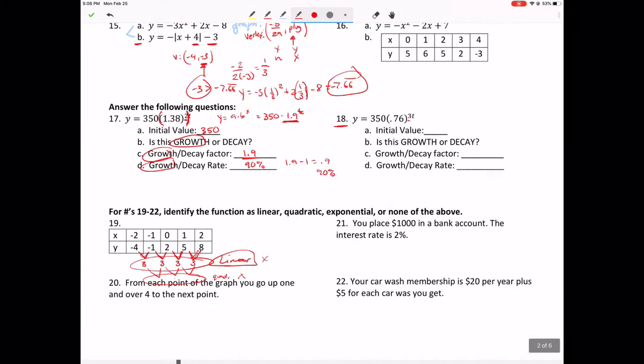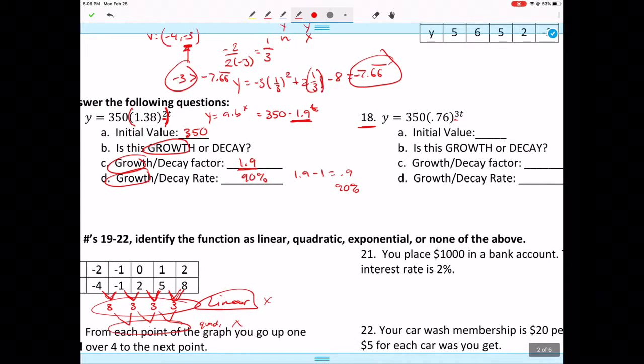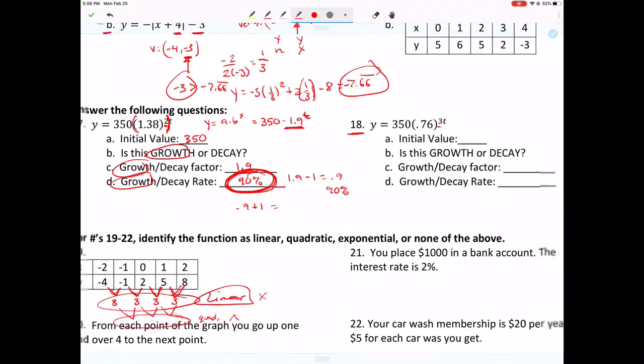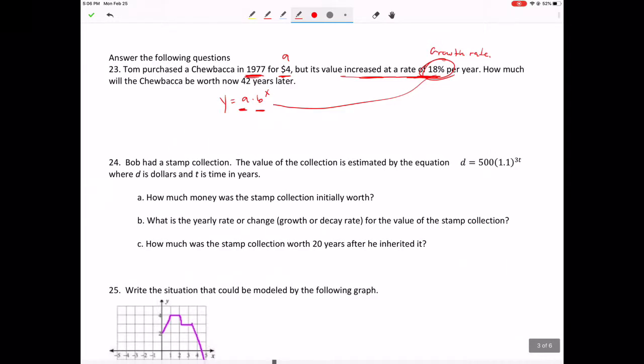If we look at our equation here, our growth rate here is 90%, so we'd want to do the opposite of what we did before. So we'd do 0.9 plus 1 to give us our growth factor. So same thing here, you would do 0.18, which is 18%, and we'd want to add it to 1. It would give us 1.18 as our growth factor.